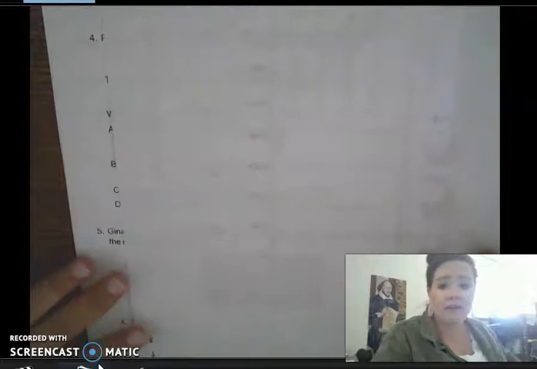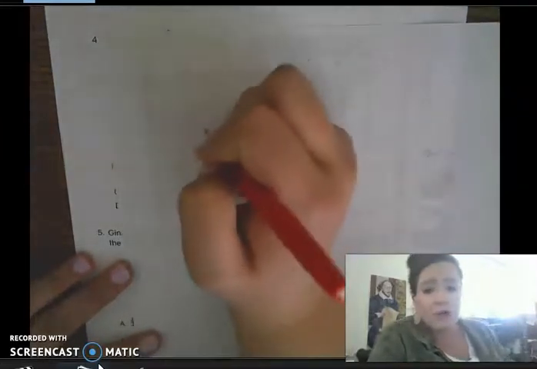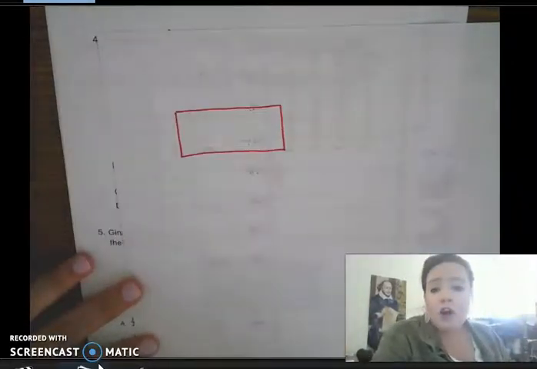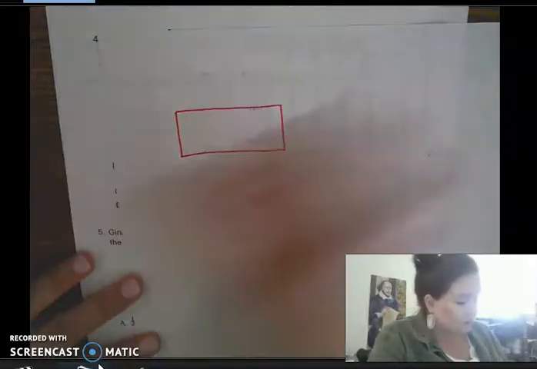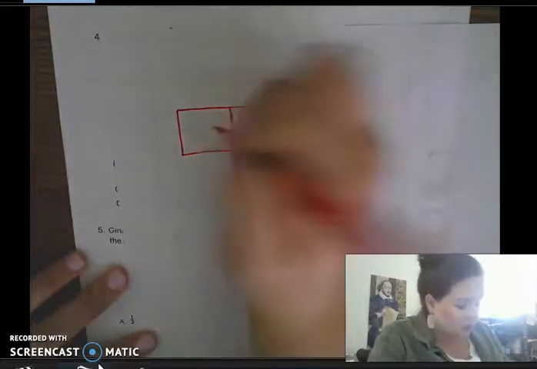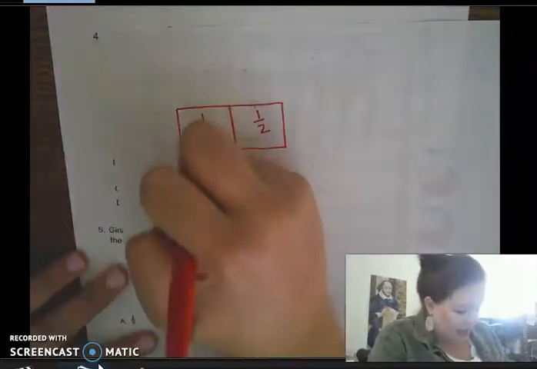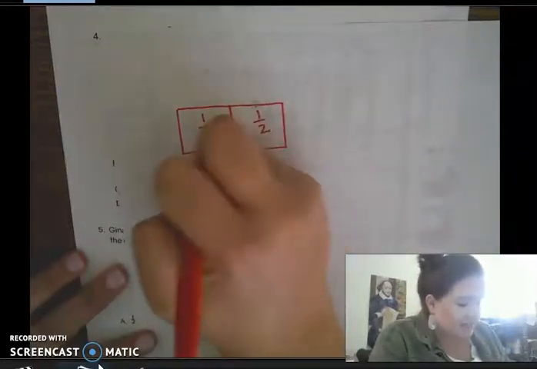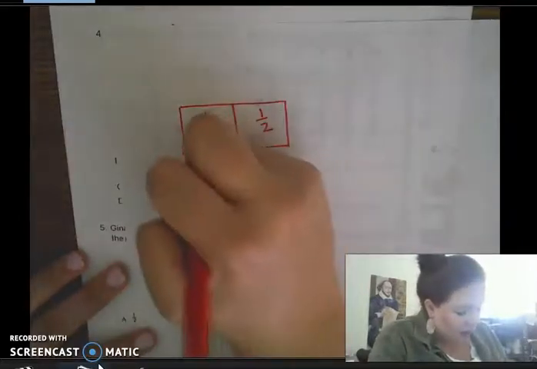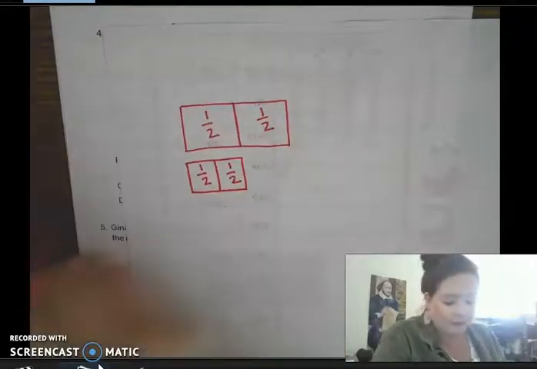If you are having a birthday party with your friend or your sister or your cousin or your brother, all right? And this is your cousin's cake, all right? And your cousin gets their cake cut into 2 pieces. So this would represent 1/2 and this would represent 1/2. You have a cake. Your cake is this size. You get your cake also cut into 2 pieces. Your cake represents 1/2 and this side represents 1/2, okay?